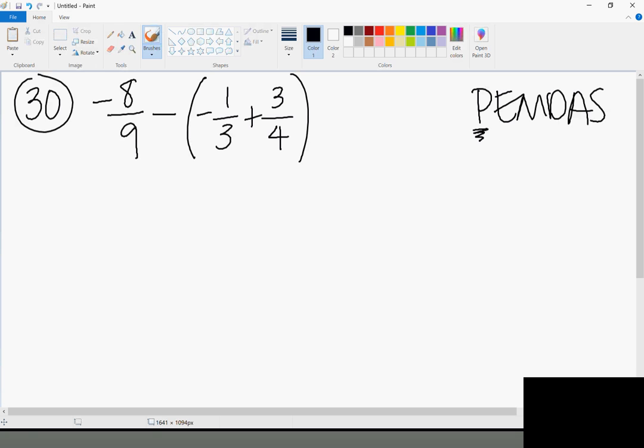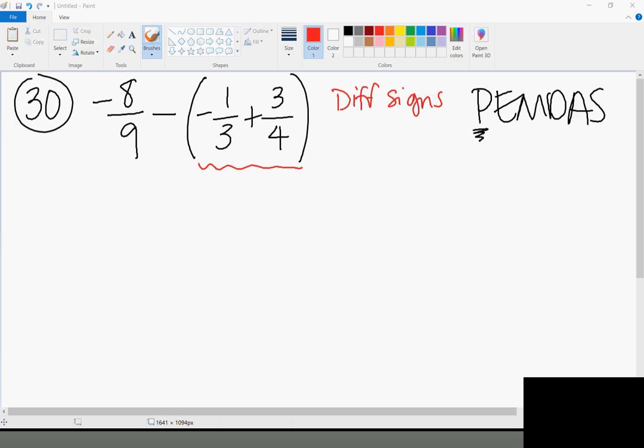Okay, work in the parentheses. That's here. So we have different signs, so negative and positive. Because we have different signs, we're going to take the sign of the larger number, which is larger, 1/3 or 3 over 4?